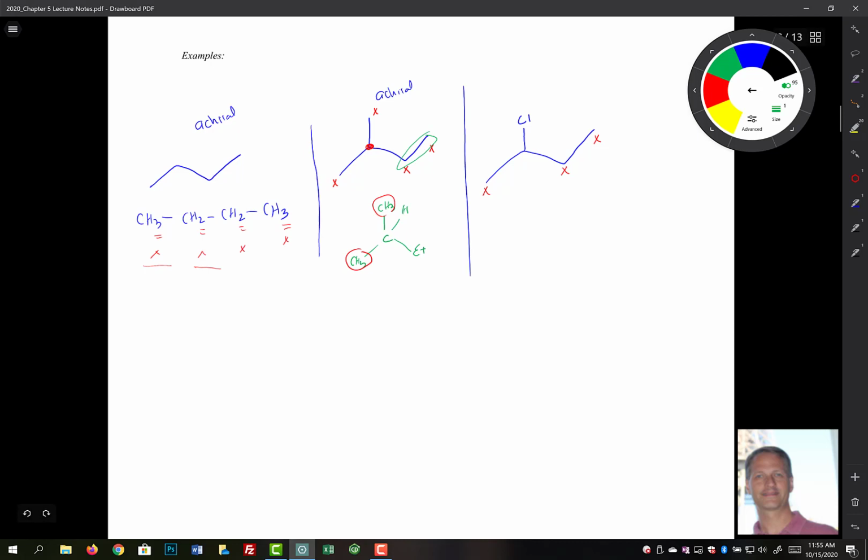And what about this? Well, what's sticking off of this right now? Let's take a look at it down below. That's a carbon connected to a chlorine and an H atom, and then a CH3, and then a CH2, CH3.